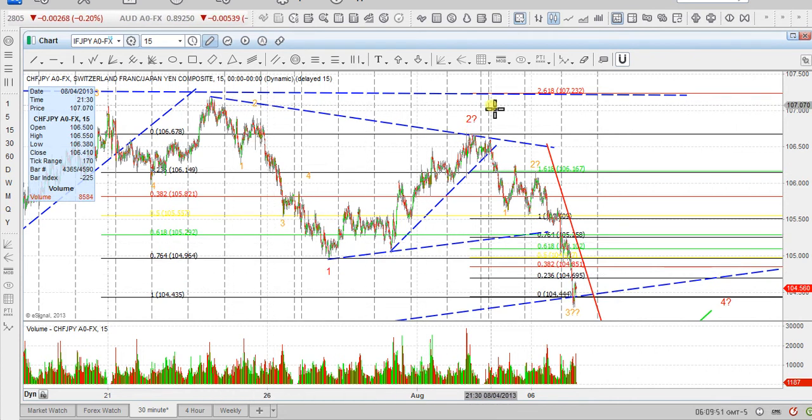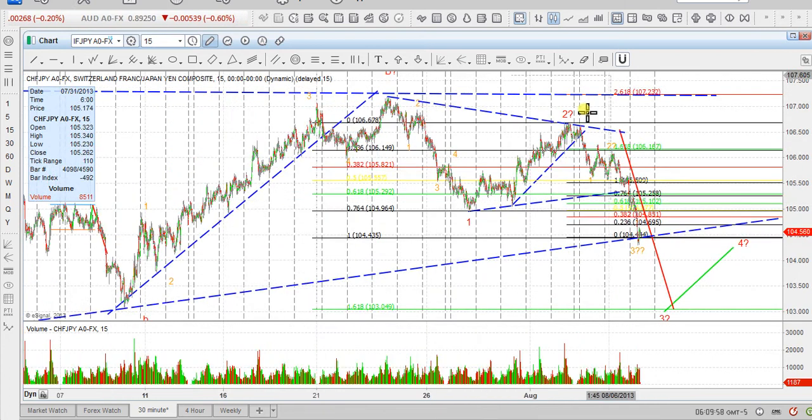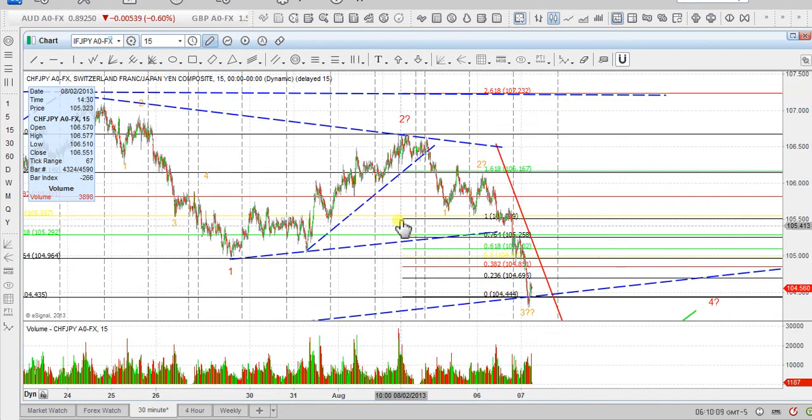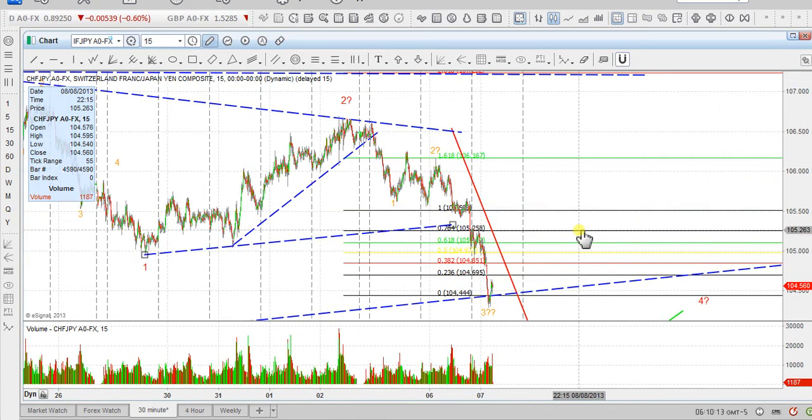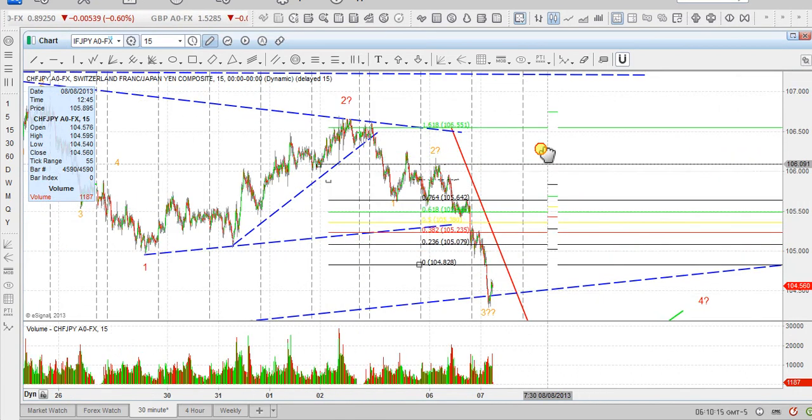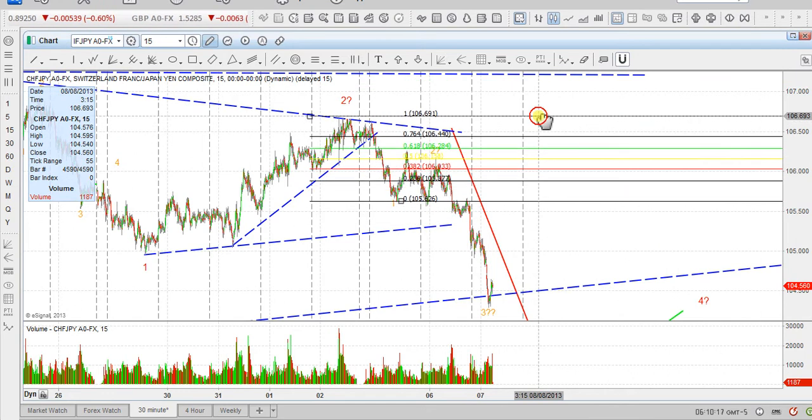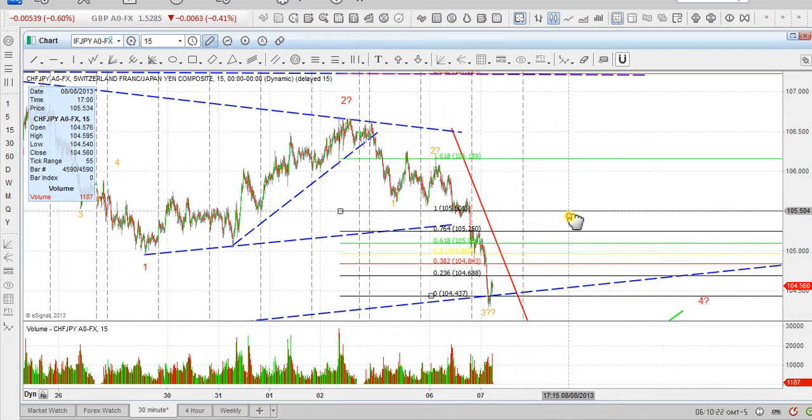This would be 1, 2, 3. So this would then be our 3 wave, and it would just be a 100% move of wave 1, and then in that 5th wave we can expect to see the entire move of the beginning of wave 1 to the end of wave 3. As we zoom in a bit, we also see that with these subwaves, this was wave 1, followed by a 50% correction for wave 2.